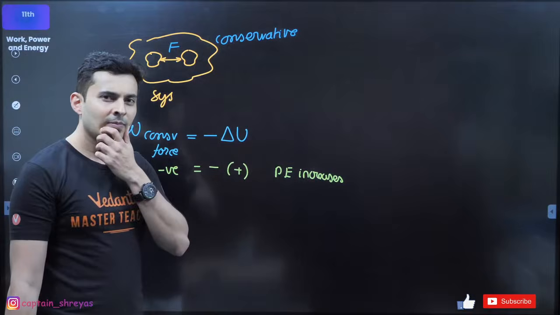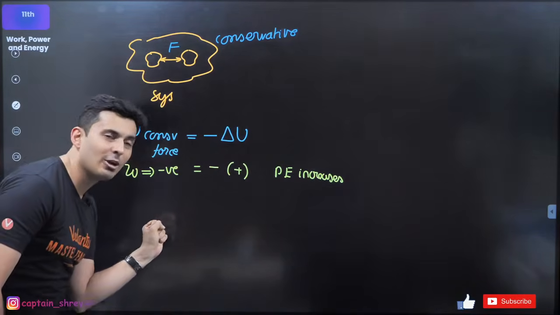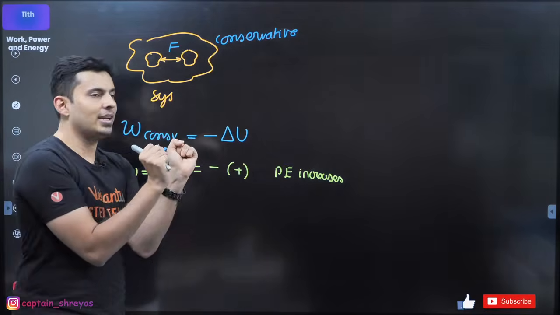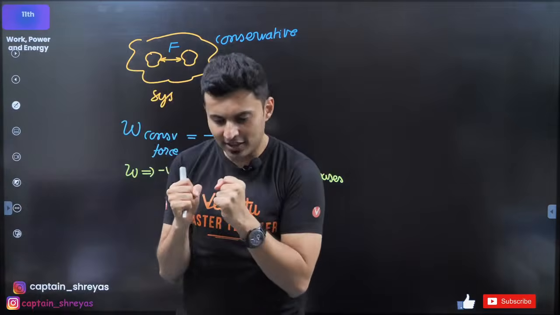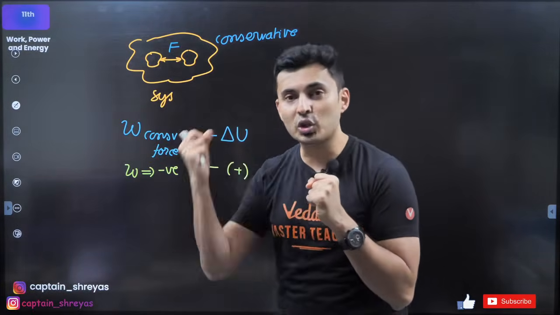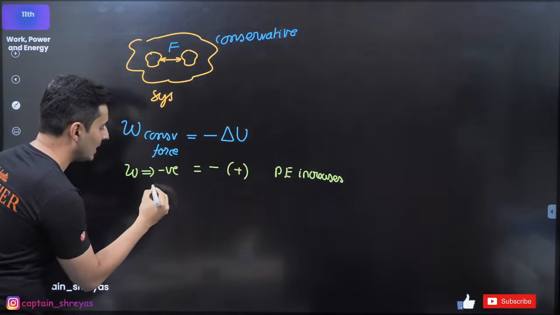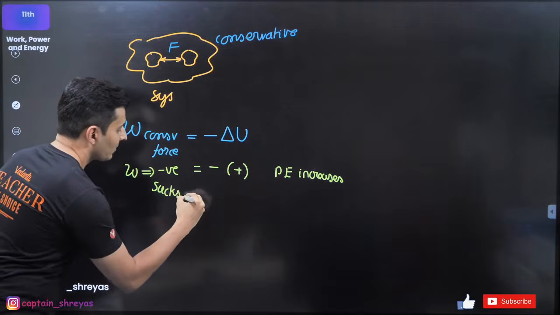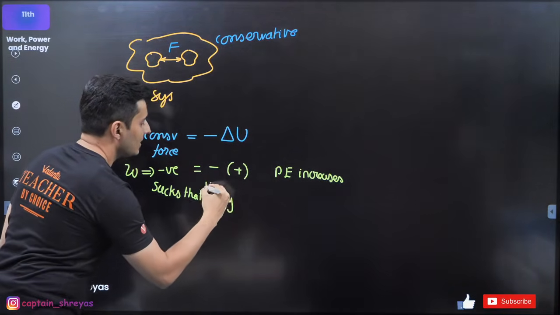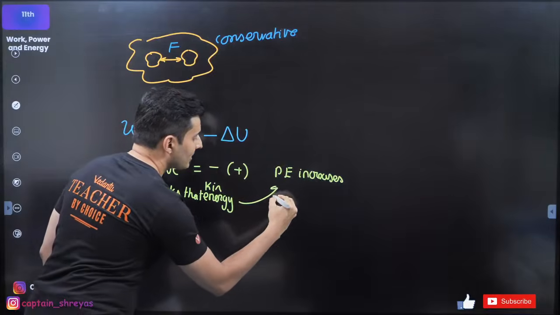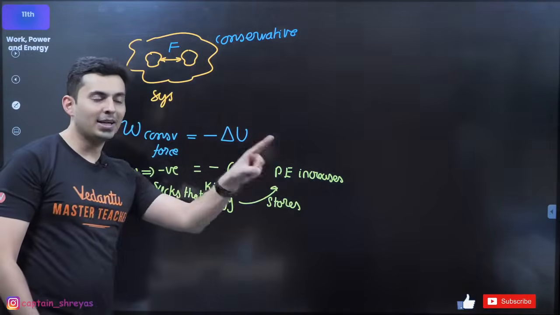What does this mean? Simple, guys. If conservative force is doing negative work, that means it's sucking away the energy. From where? The kinetic. It takes in the energy and stores it as potential energy. That's why that minus sign is there.